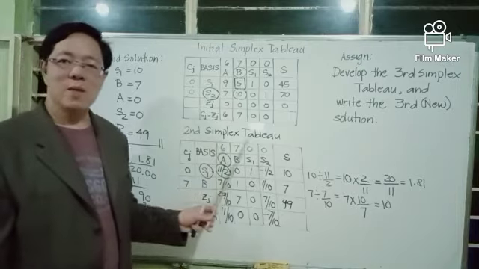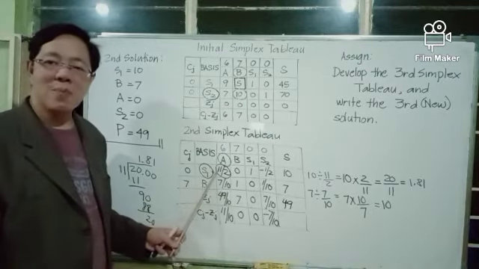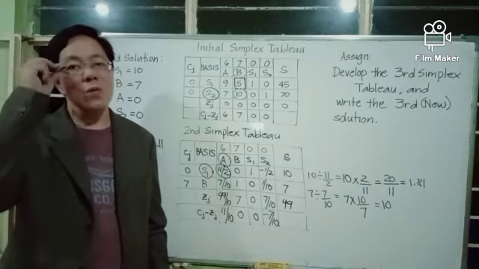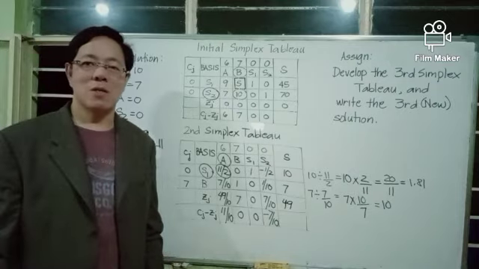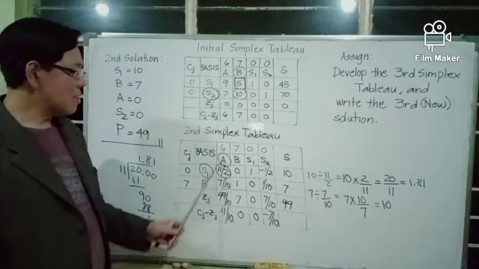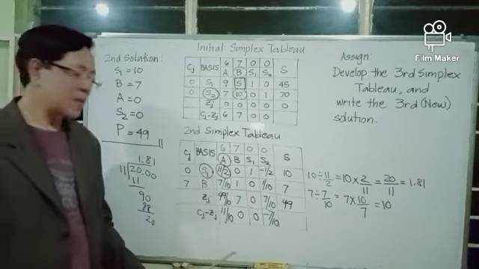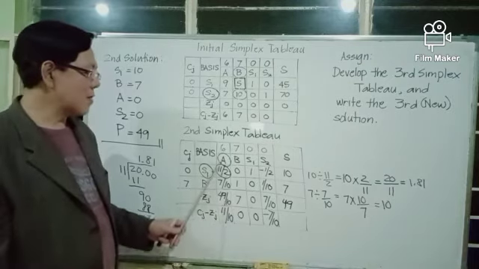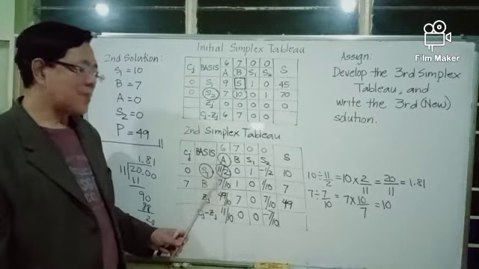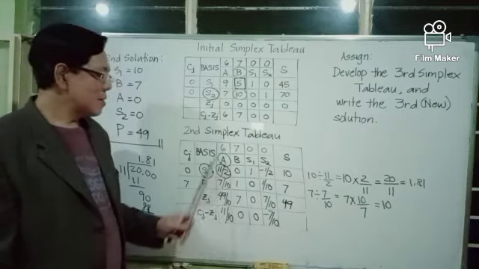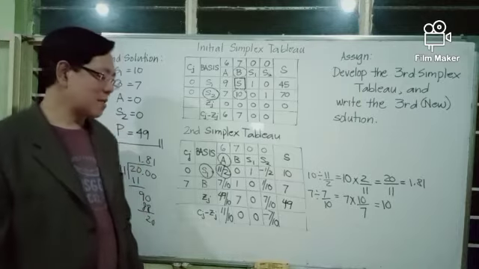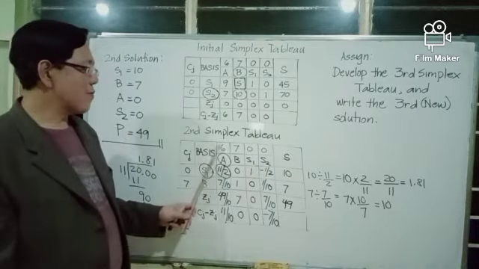In the third simplex tableau, this pivot element has to be changed to 1. To change that to 1, you make use of the first elementary row operation to determine the new entries of the new pivot row. The other entries in the pivot column have to be changed to 0, except the last 2 entries and the first 2 entries.